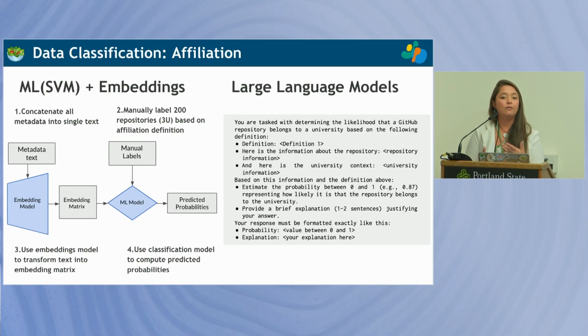For these, I gave the definition that I created of what it means to belong to a university, plus all the metadata information that I just showed you, the list of 15 attributes. And additionally, the information of the university: the name, the acronym, the alternative queries, and the domain. And then the task was to compute a probability and give an explanation of why that probability.